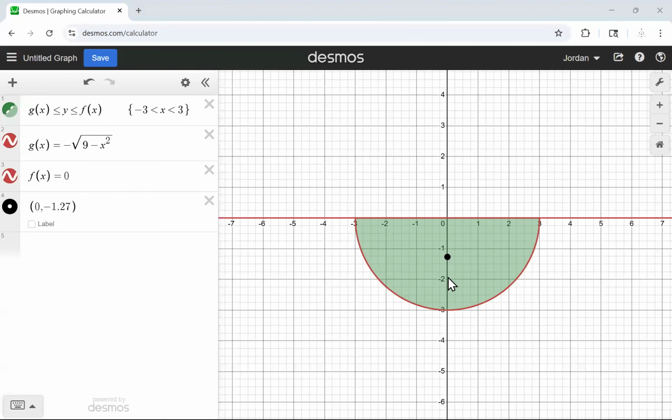That should make sense that we're a little bit closer to the x-axis than we are at the bottom of this half circle. A little bit closer to the x-axis than we are the line y equals negative 3. So there you go. That's what we have there.